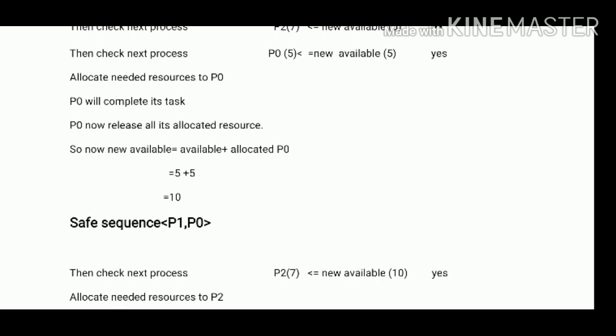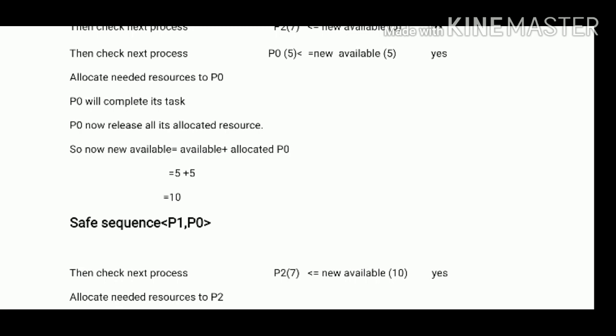Now next we will go for the second. After P0 completion, what is left? P1 is already completed, so P2 is left. So we will go and check whether the request of P2 can be fulfilled with the available resources, which is 10. Yes, P2 requires 7. With the available resources 10 can fulfill the requirement of P2.